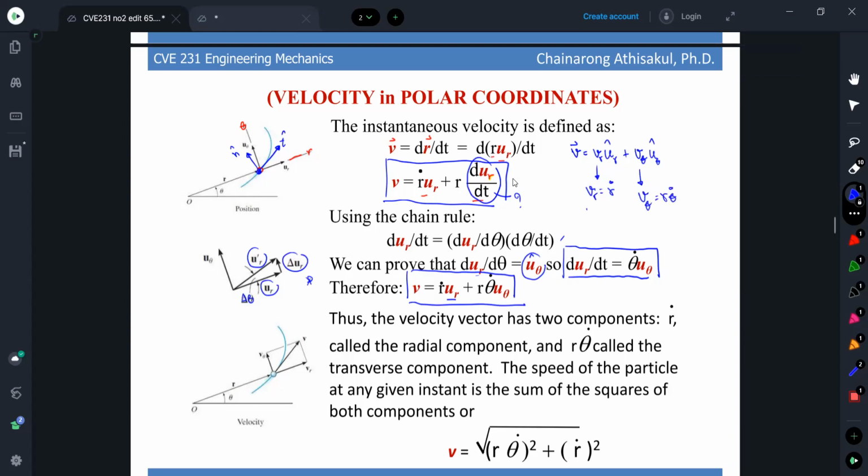The magnitude of the velocity vector is the vector sum of these two terms, V theta and V_r.